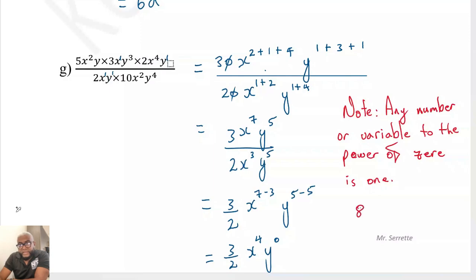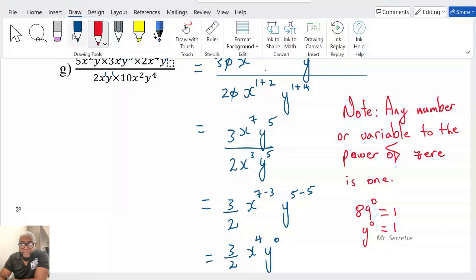So if you have like 89 to the 0 power, this is equal to 1, right? If you have y to the 0 power, this is equal to 1, right? So this y to the 0 power will be 1, but 1 multiplied by anything will give you that thing itself, right? So y to the 0 power is 1, and when you multiply it by 3 over 2 x to the 4th power, you'll just remain with that, right?